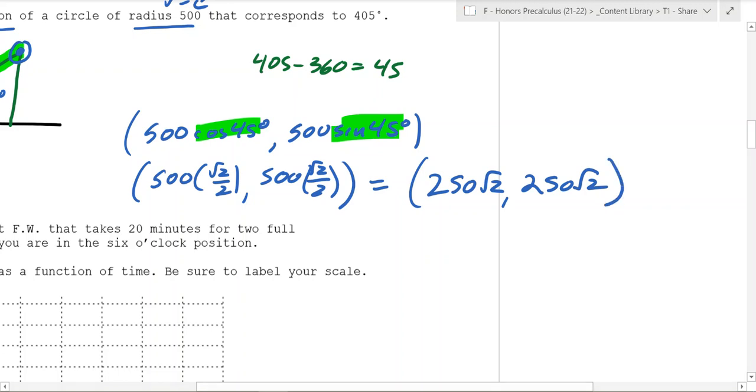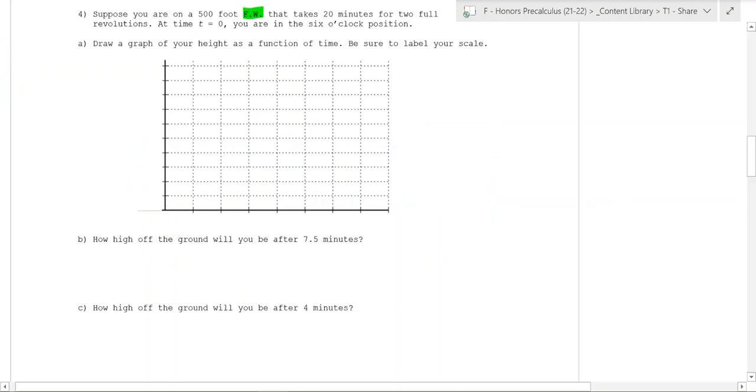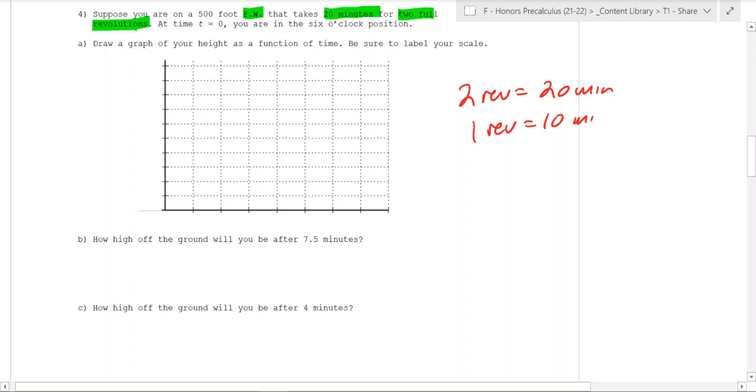The 2's cancel. So now we're back to Ferris wheels, and it's 500 feet tall, and it takes 20 minutes for 2 full revolutions. So 2 revolutions equals 20 minutes. So that would mean that 1 revolution is equal to 10 minutes. At time equals 0, you're at the 6 o'clock, so you're on the ground.